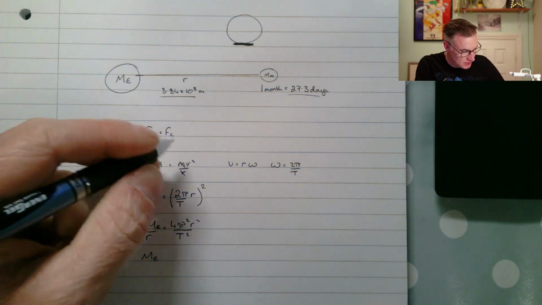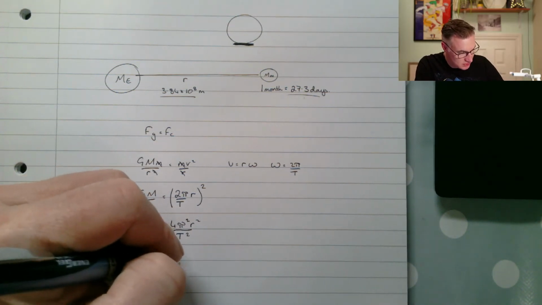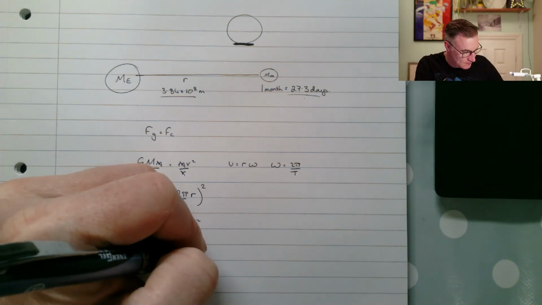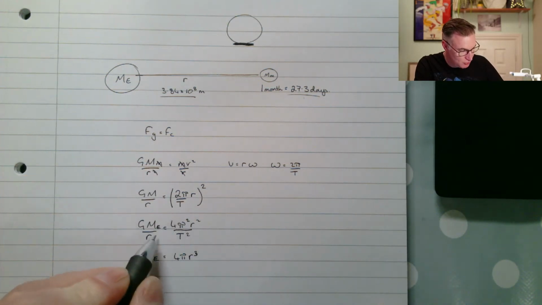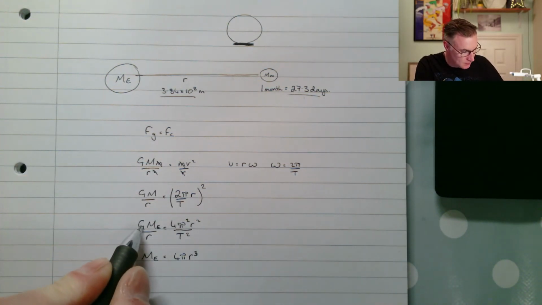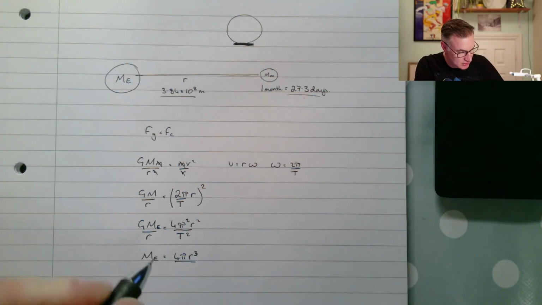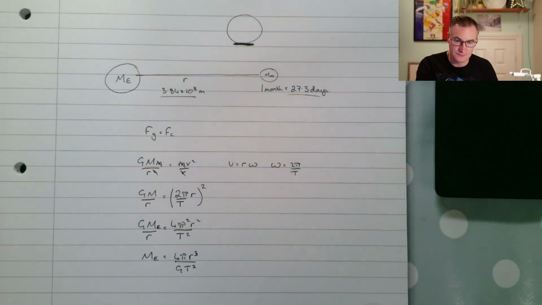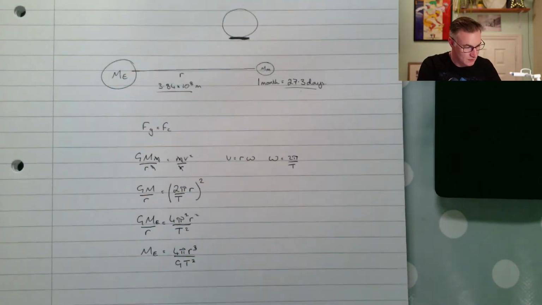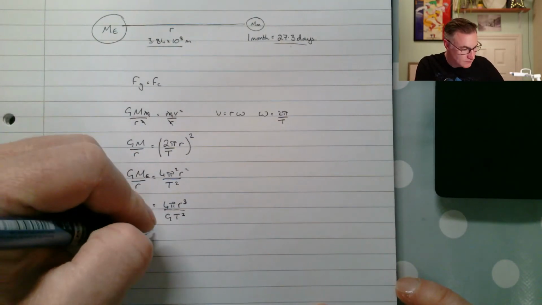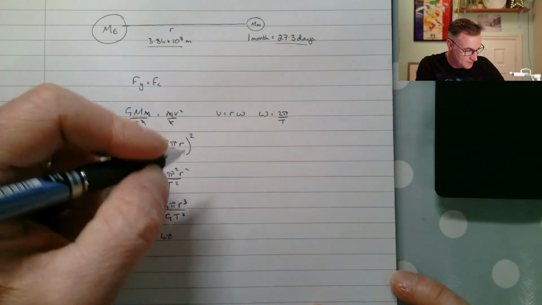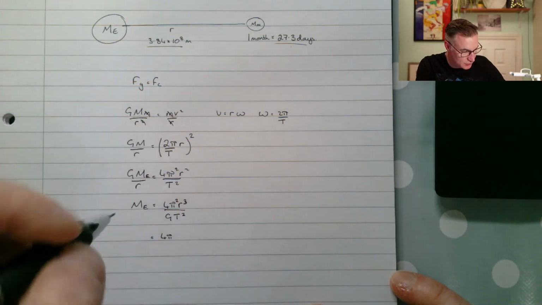So leave M_E there, and we're going to have 4 pi squared r cubed all over G T squared. Oops, sorry, I'll drop my square there.